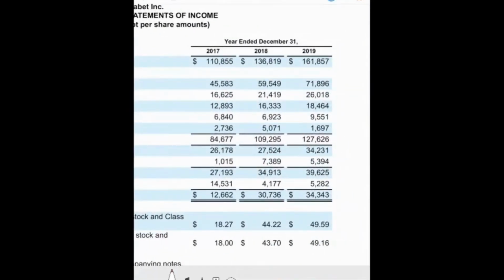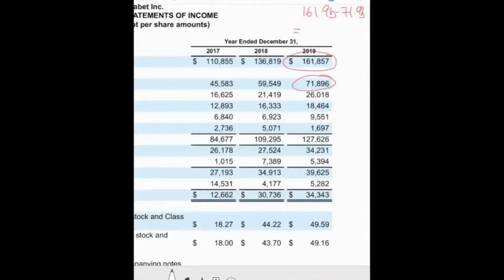You can see that the revenue of Google is 161.9 billion, and the cost of goods sold is 71.9 billion. Right now, I want you to take out your calculator and calculate the gross profit for Google.